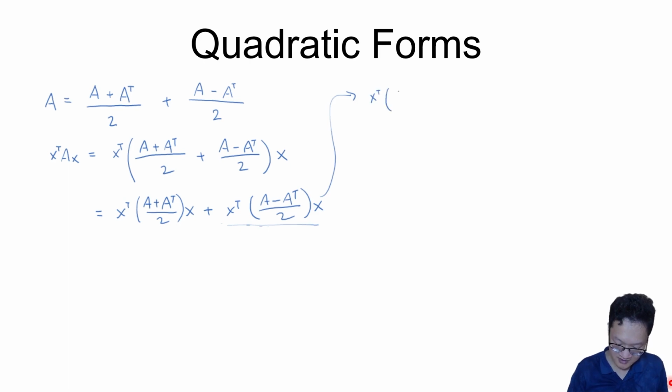So x transpose (A minus A transpose over 2) x. Let's expand this out a little bit. The 1/2 comes in front, and then we're going to split this matrix just as we did before. The first part is 1/2 x transpose Ax, and the second part is minus 1/2 x transpose A transpose x.